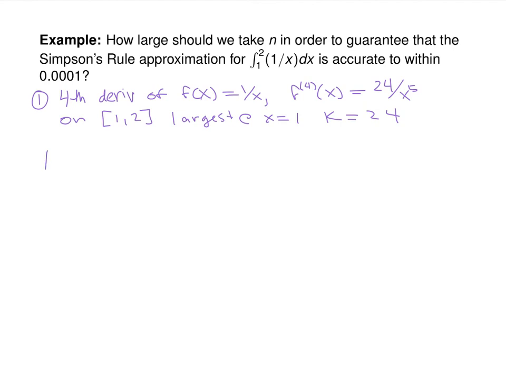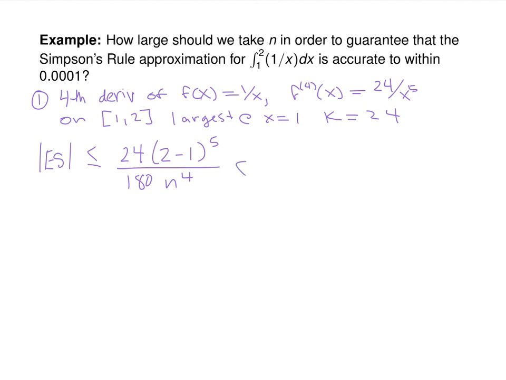And then the absolute value of the error of the Simpson's rule is less than or equal to 24 times 2 minus 1 to the fifth over 180 n to the fourth. And the reason that you can use so many fewer terms is what this error estimate tells you, and how you can tell from the error estimate is that the denominator has a larger number and that n to the fourth down there also contributes.